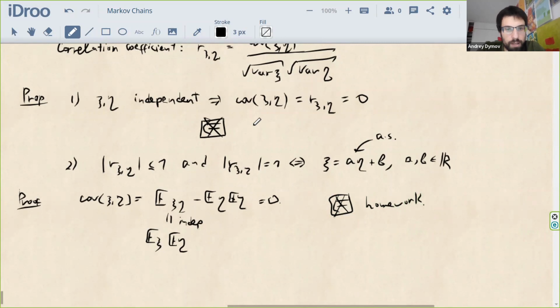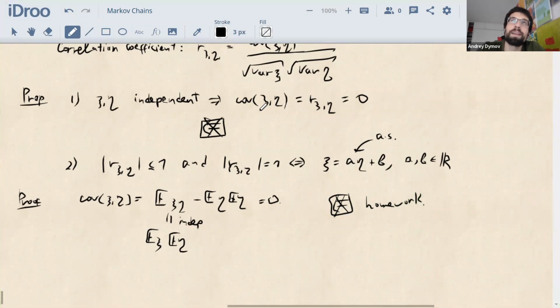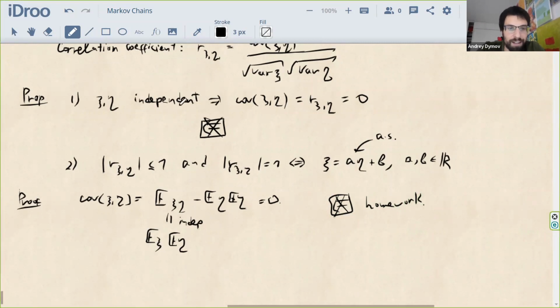But anyway, if the covariance of the random variables is 0, we can say that in some sense they behave similarly to independent random variables. These examples where the covariance is 0 but the random variables are not independent are quite special and artificial. So somehow we can say that the covariance or the correlation coefficient measures the rate of dependency of the random variables.